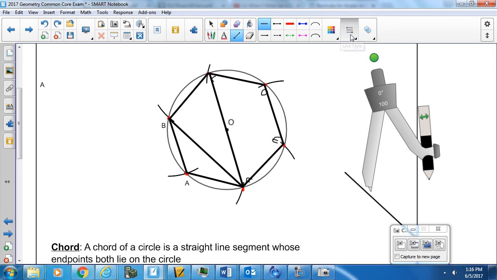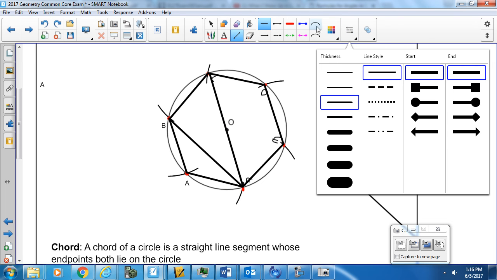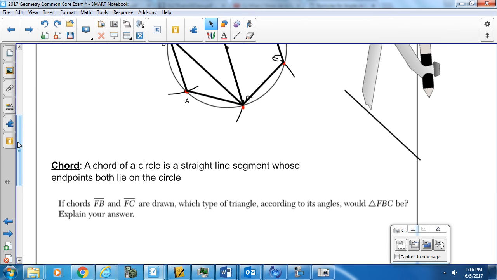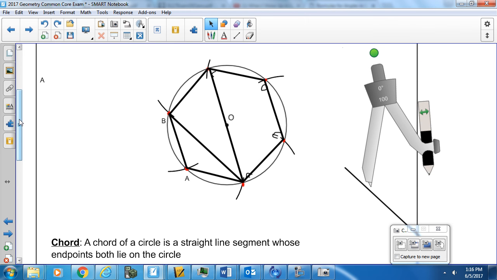All right. Let's see here. So what I'm looking at now, we're going to see what type of triangle FBC is. So let's focus on FBC, this triangle right here, according to its angles.